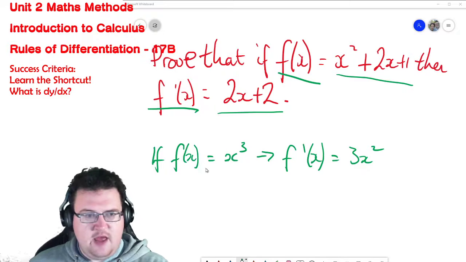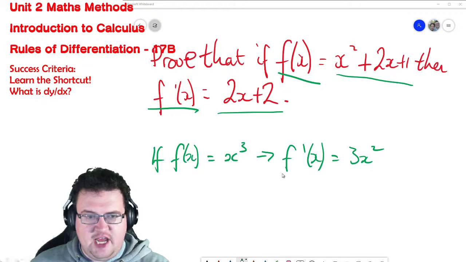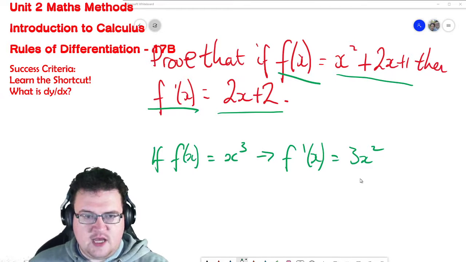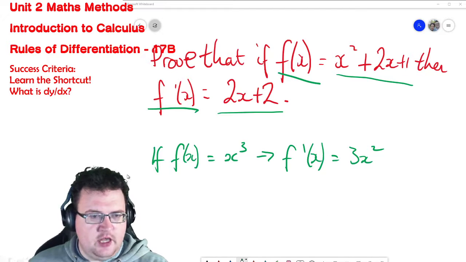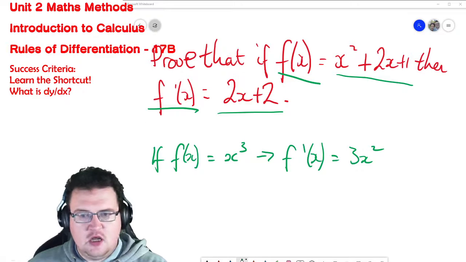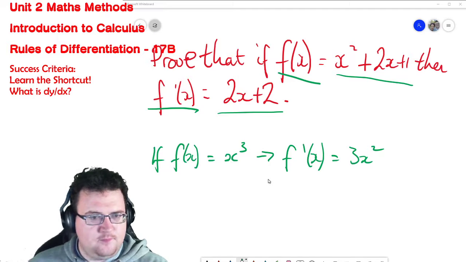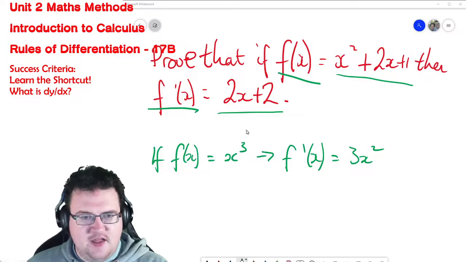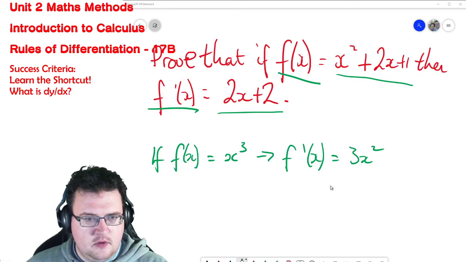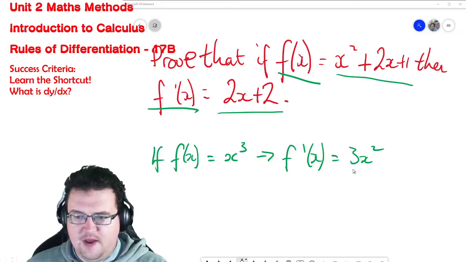If you compare where the 3 is in f of x to where it is in f dash x, what's happened to it? Yeah, so it used to be the power, but now it's the coefficient of x squared. So remember, that's the coefficient that we need to be worrying about.